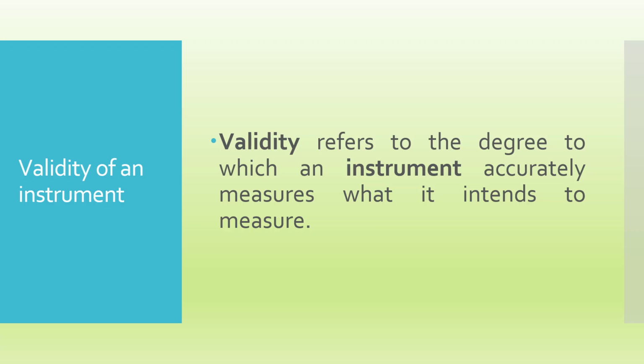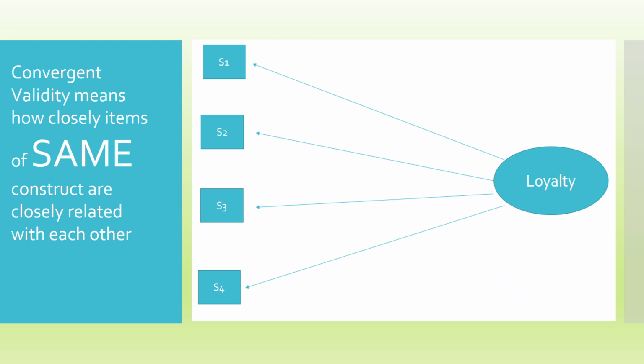Now here, validity can again be bifurcated into convergent validity and divergent validity. Convergent validity means how closely items of the same construct are related with each other. Very simple. S1, S2, S3, S4 are statements belonging to the same construct.